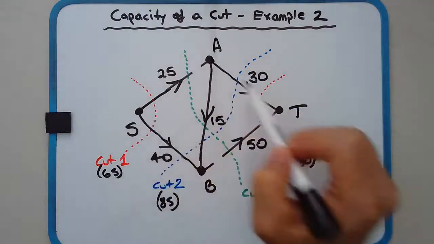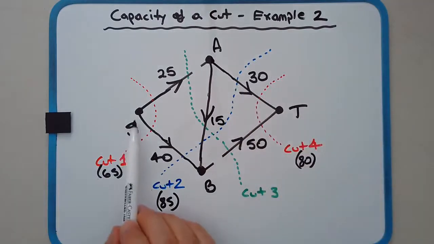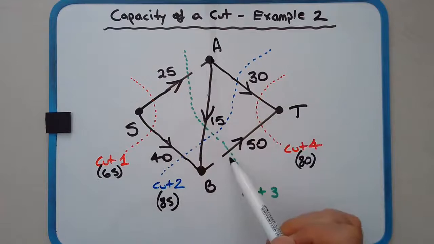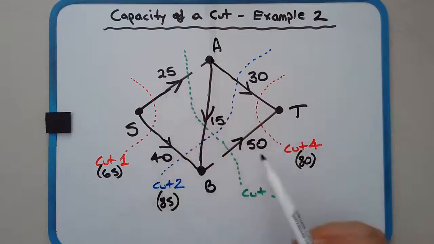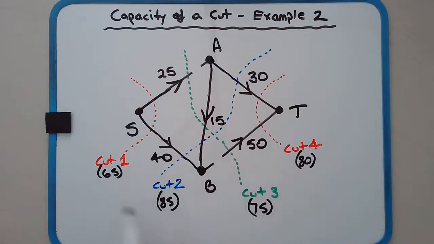So these edges automatically won't get anything, so the flow will be 0 there. And also through vertex B, SB, there's a roadblock there, nothing will get through. So it's actually just these two that we need to add up. It'll be 25 plus 50 is 75. And so these are the capacities of these four cuts.